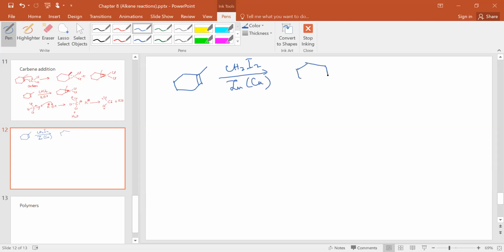It will just form simple cyclopropane. This one, and another isomer will form. Okay. So this is called the Simmons-Smith reaction, and this is a stereoselective reaction. This will form.